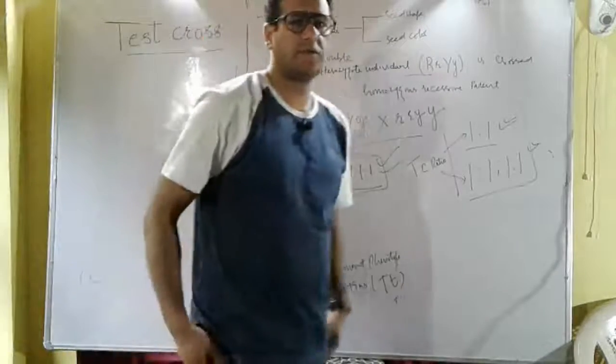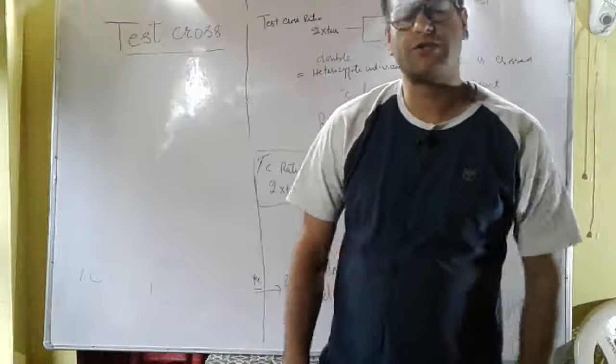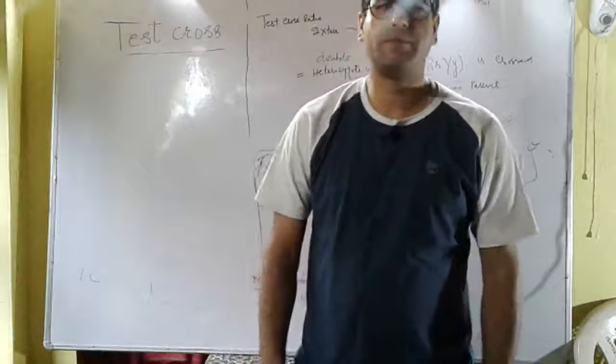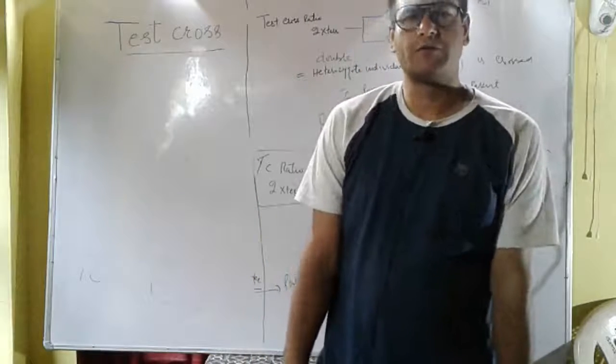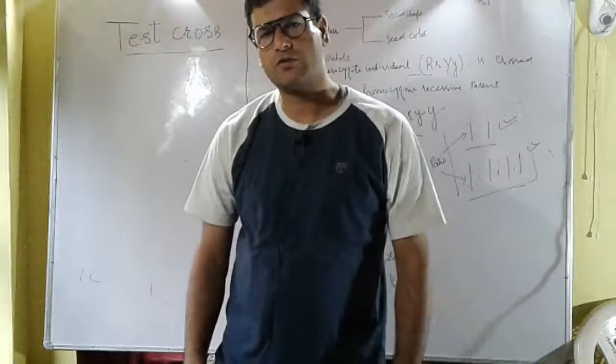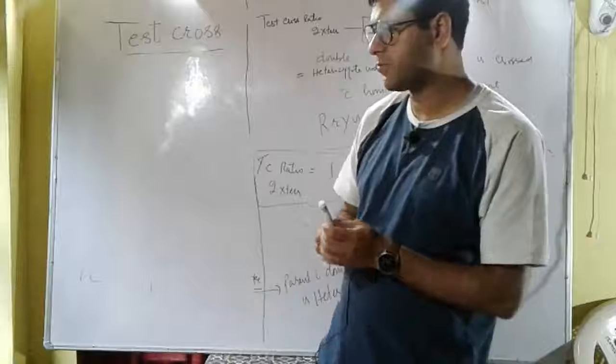So finally we have completed what is test cross. In test cross, the parent with dominant phenotype is crossed with a homozygous recessive parent or homozygous recessive individual. And why is this test cross being performed?